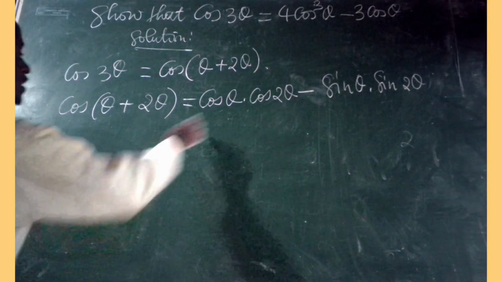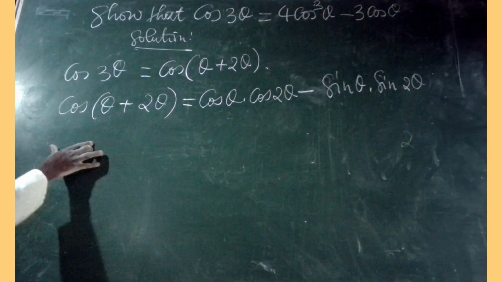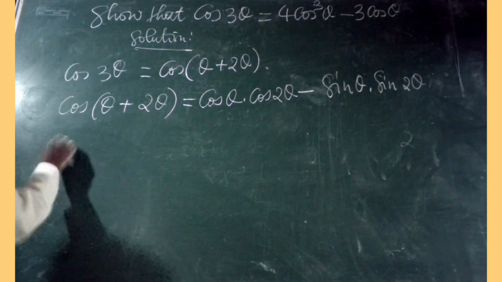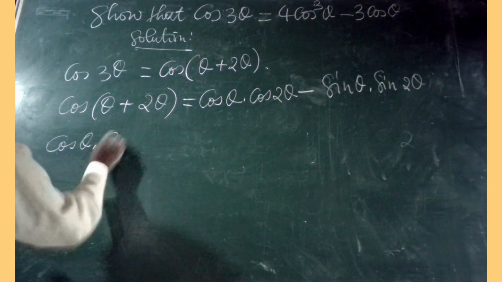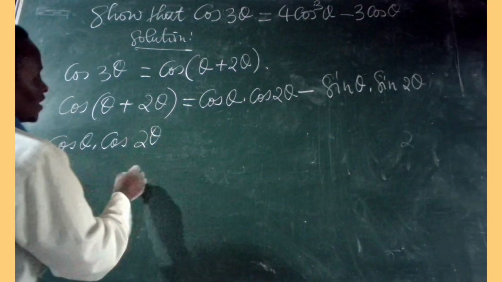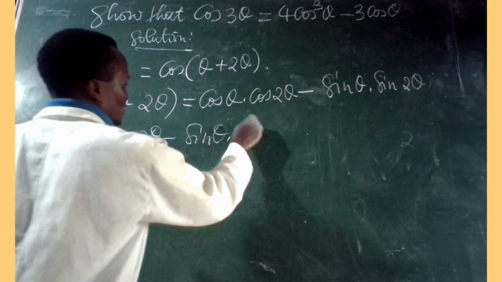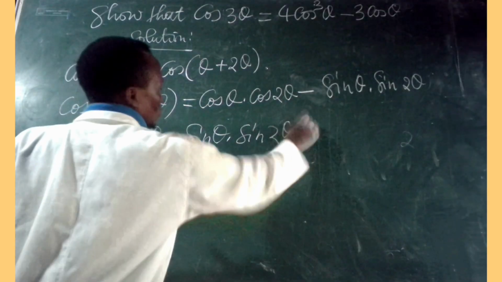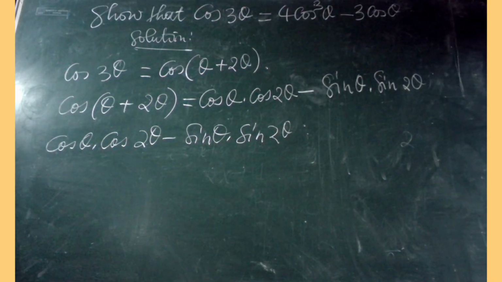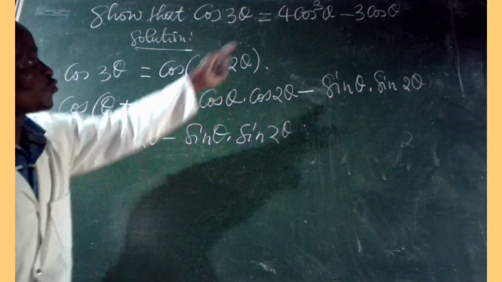Now allow me to write this on this part. It is cosine of theta times cosine of 2 theta minus sine of theta times sine of 2 theta. Now how should this be equal to that?